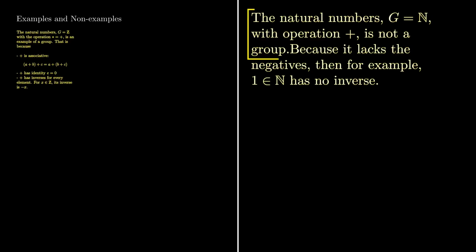Well, if I'm saying that this is not an example of a group, then since it passed all the earlier tests, this must be the one that it fails. Indeed, the additive inverse of 1 is -1, but that is not in the set of natural numbers, so this does not have additive inverses. And that's why this is a non-example of a group.